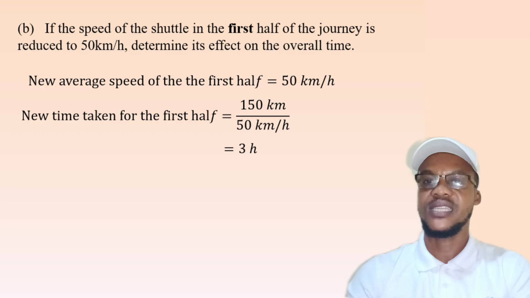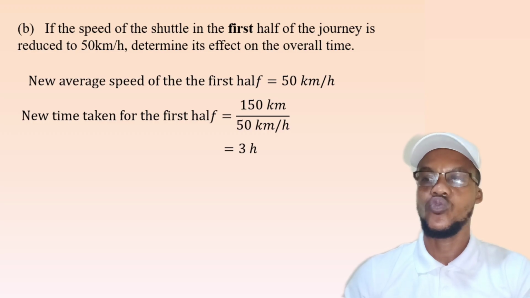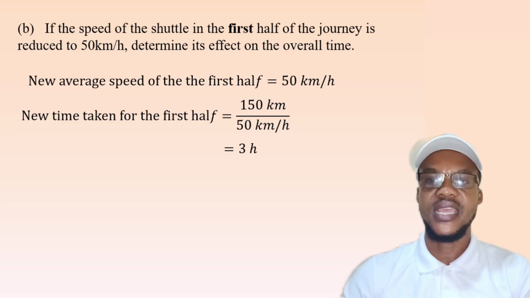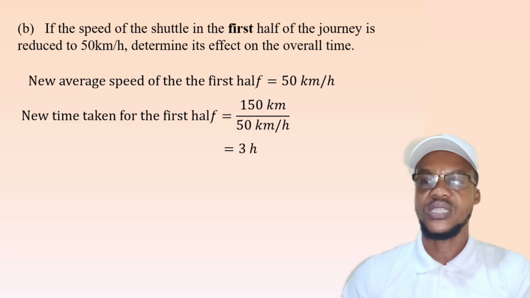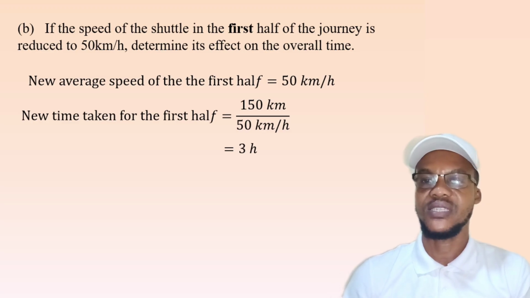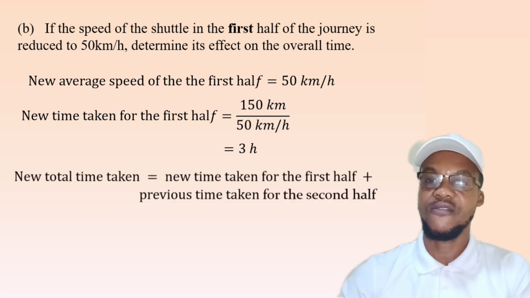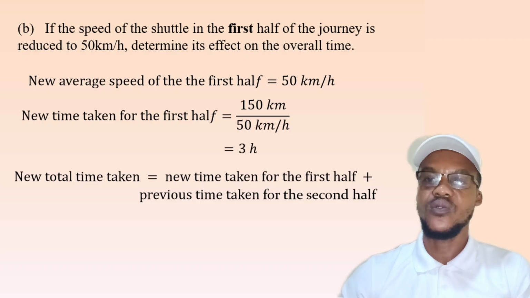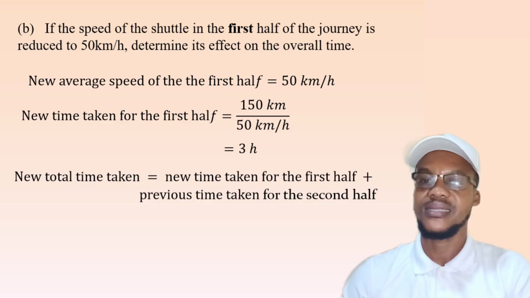Once we have this, we still have to find the total time taken, and as we did in the A, when finding the total time, we added the two. So this time, since our new time taken for the first half is 3 hours, we just add it to the second one, that is the previous one. As for that one, we didn't change it. So the new total time taken is the new time taken for the first half plus the previous time taken for the second half.